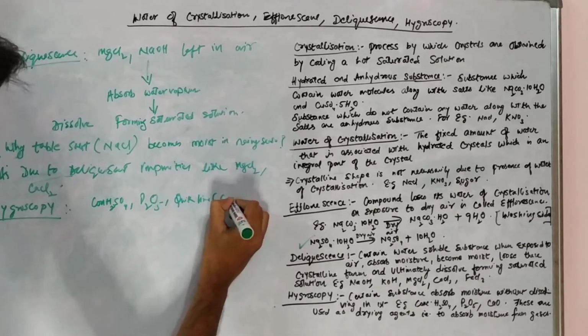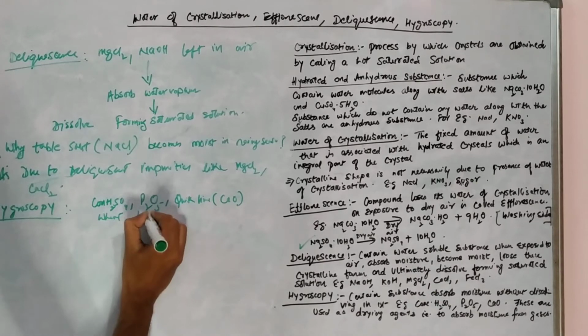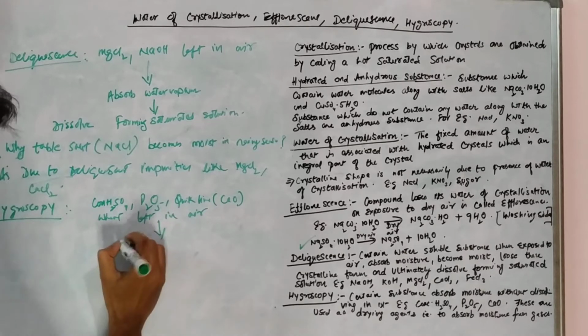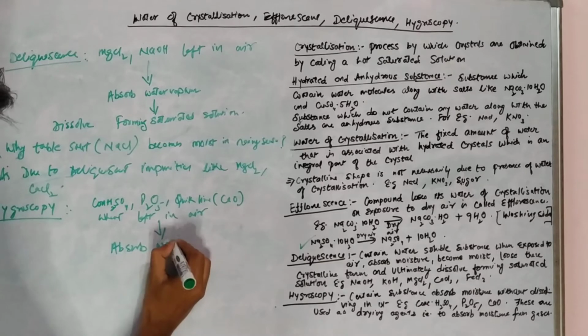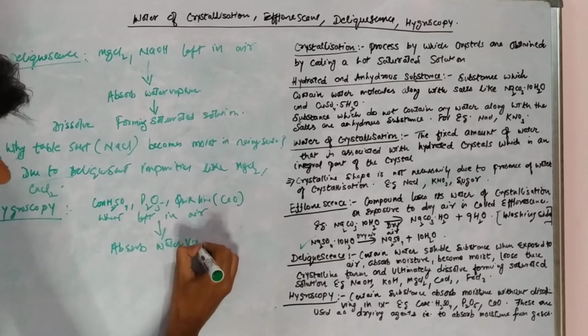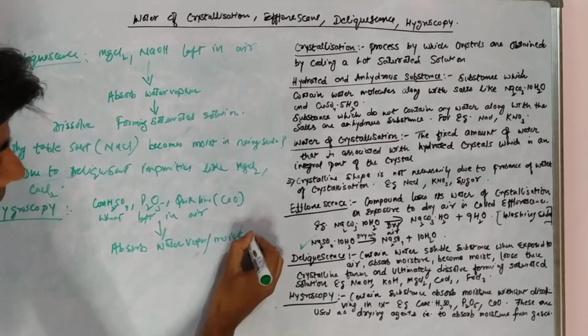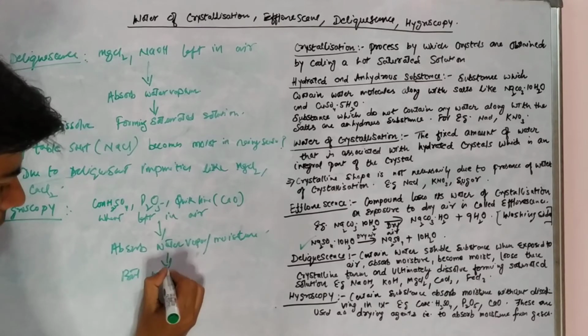What is quicklime? Calcium oxide, right. When left in air, they will absorb water vapor or moisture, but will not dissolve.